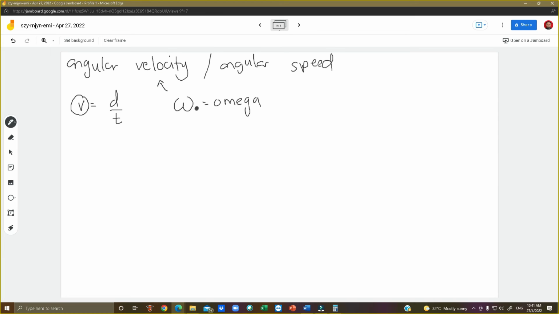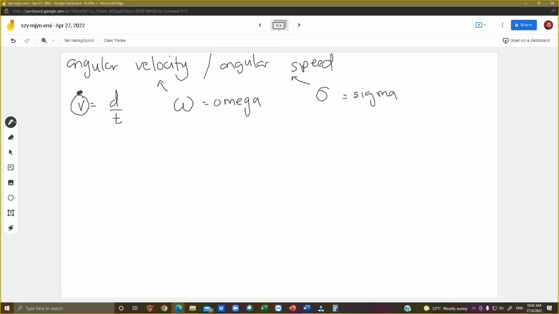Kalau angular speed, kita ada benda macam ni. Bulat. Bagi dia tanda sikit. Macam ni. This is known as sigma, angular speed. Okay, omega angular velocity, sigma angular speed.